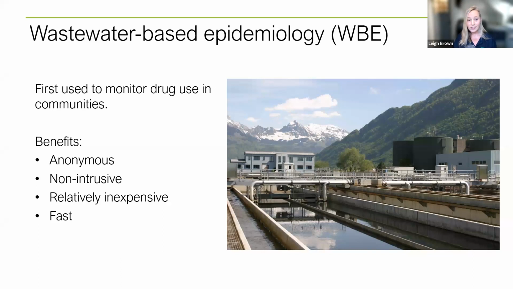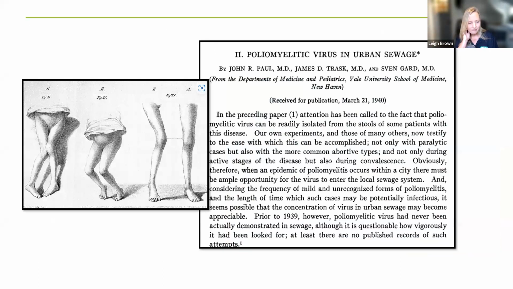It's non-intrusive. No one needs to go in and get a test. It's relatively inexpensive. So we'll go through that in a little bit compared to other methods, especially. And it's relatively quick. We can take samples at least once a day, if not more often. And get some good indicators of what kinds of things are in the wastewater there.